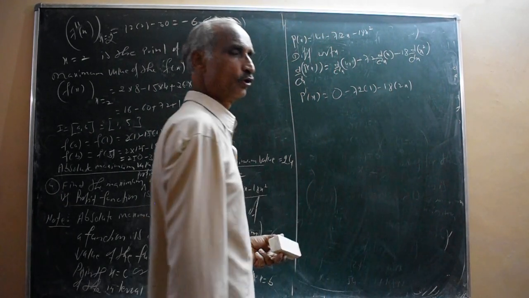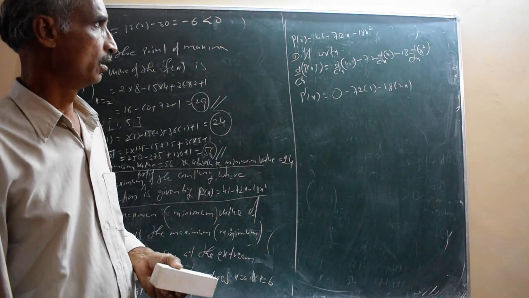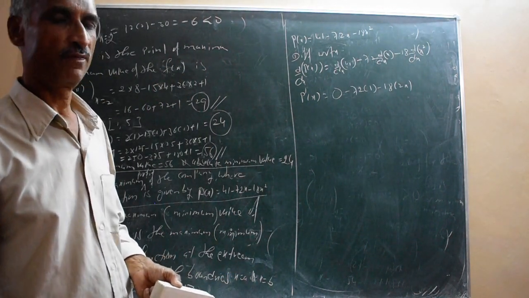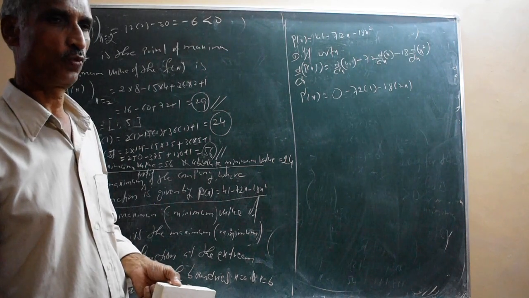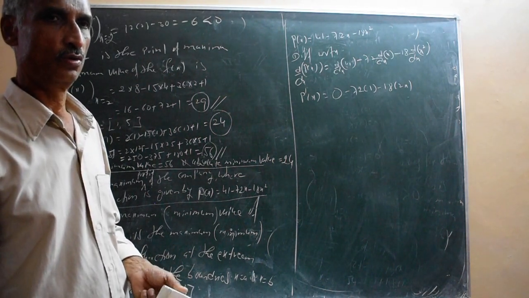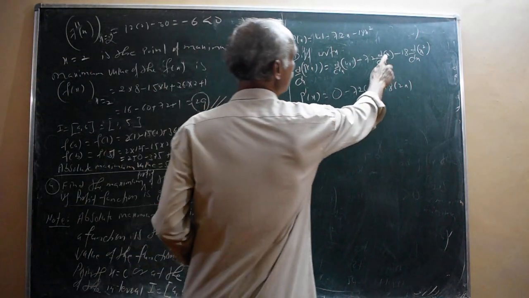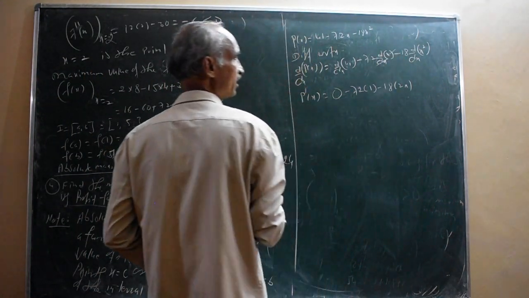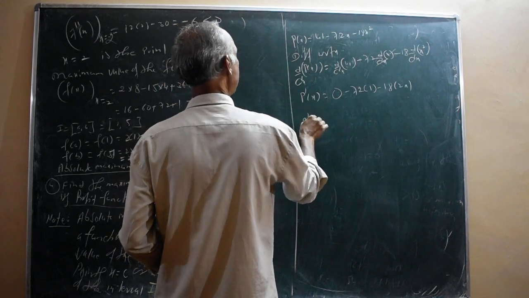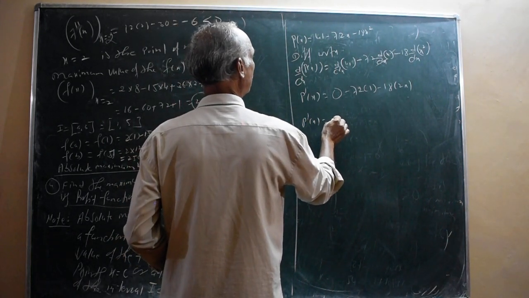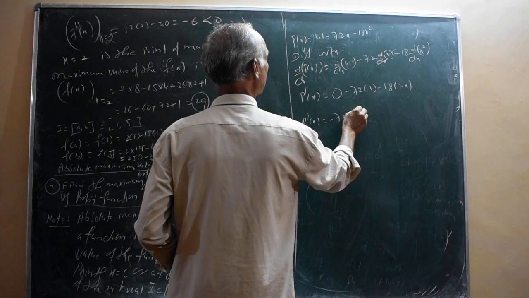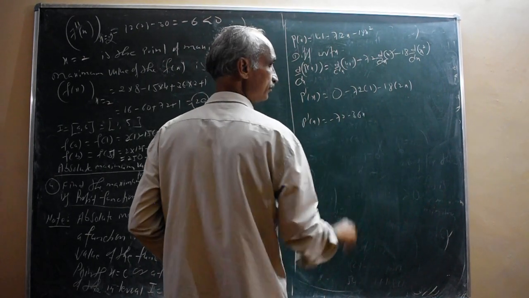X square differentiation is 2 into x raised to 2 minus 1, that is 2x. X raised to 1 differentiation is 1 into x raised to 1 minus 1, that is 1 into x raised to 0, and x raised to 0 is 1. So x differentiation with respect to x is 1. P dash of x is equal to minus 72 minus 36x.